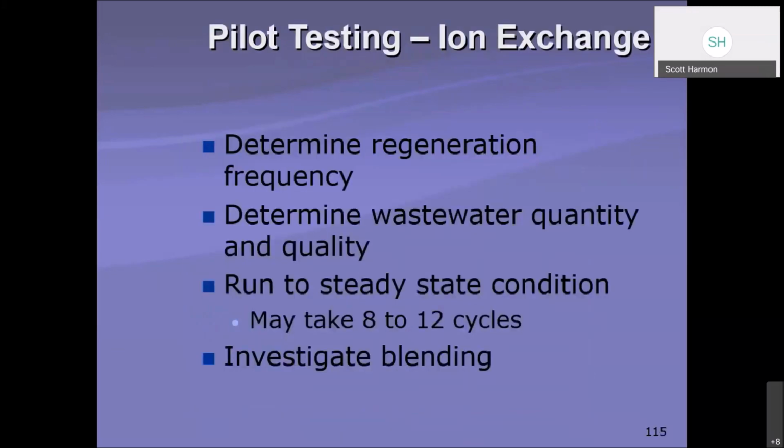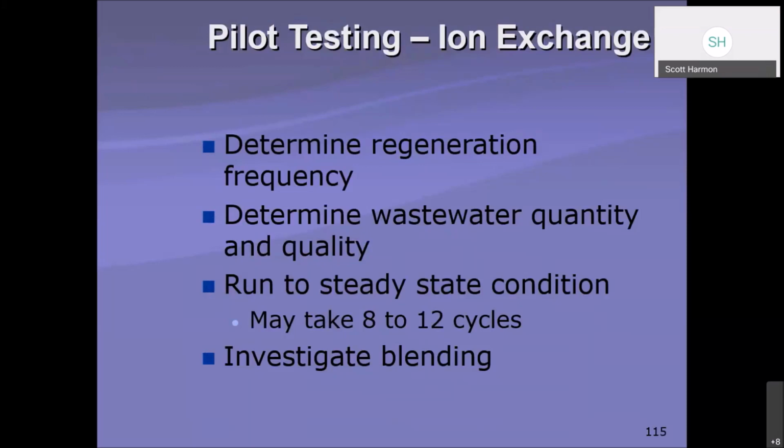So many of these things have been pilot tested. Again, it's always a good idea to have a pilot test done for a facility before you determine what type of treatment process you're going to use, or if you're using ion exchange, you can determine how often you're going to regenerate the brine, how much wastewater you're going to have, how long you can run the facility without having to backwash.